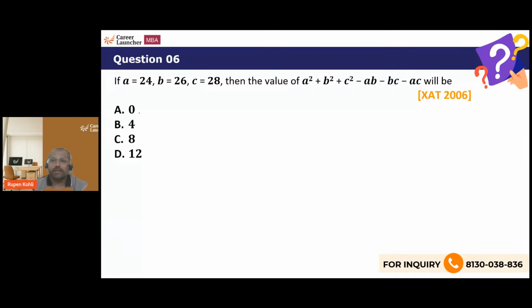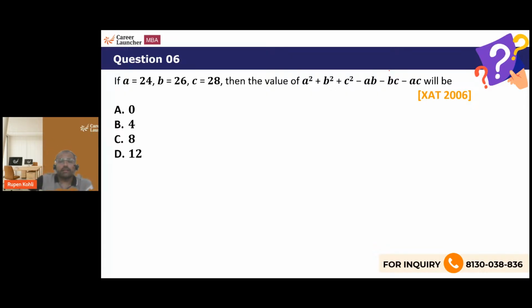You can see this is that question, and obviously the objective is to get this very quickly, because if I actually start calculating 24 square, 26 square, putting it there and doing the actual calculation, remember Zad at that point of time did not have a calculator.